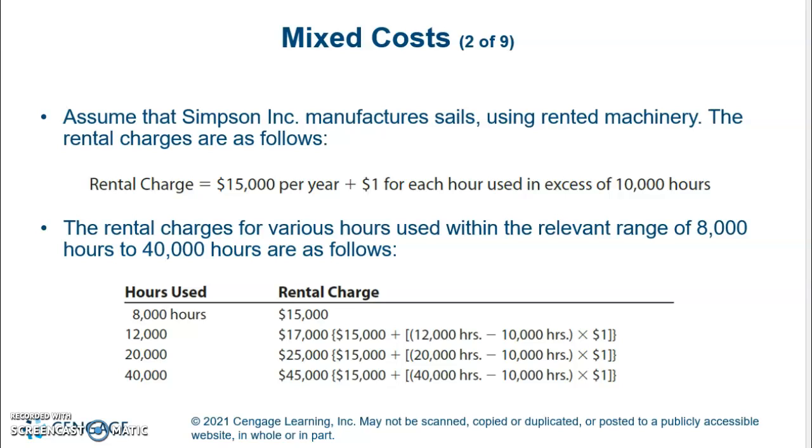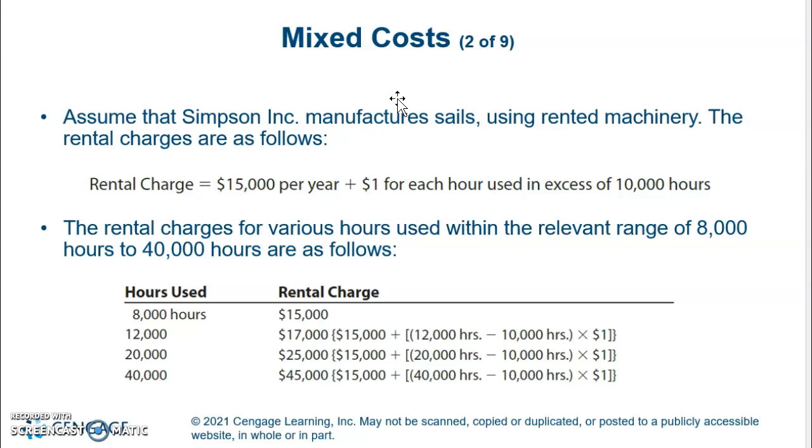So you may want to think about mixed costs for things such as a cell phone bill. Think about a cell phone bill. If you get charged a flat fee plus any amount for going over your data or something like that, that would be a mixed cost. You have a fixed cost component and you have a variable cost component.